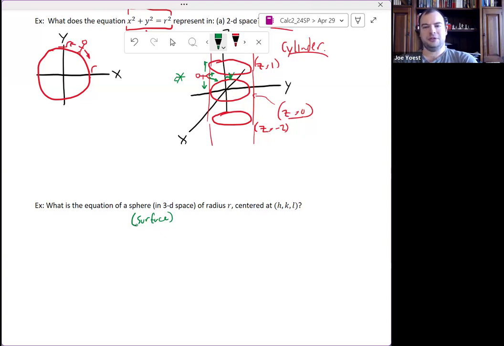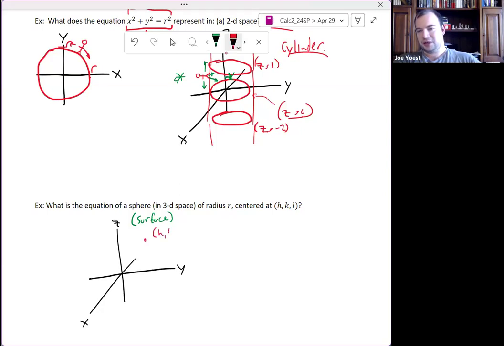So what's the equation of a sphere in 3D space of radius r centered at a center h, k, l? So I have x, y, and z. I have some center h, comma, k, comma, l. And I have some radius r.